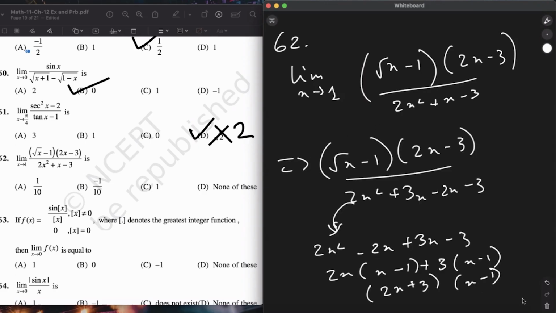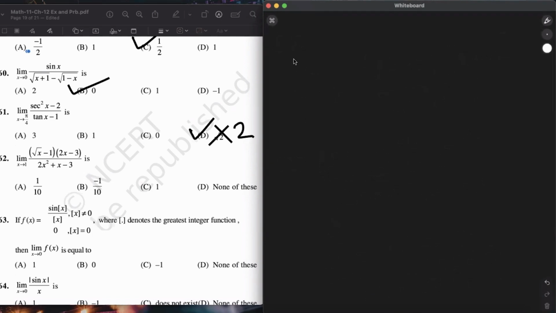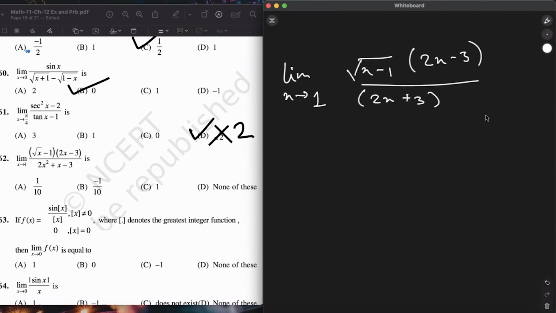Now this 2x plus 3 in numerator and denominator will get cancelled out. So I'll be left with limit x tending to 1 of under root of x minus 1, 2x minus 3. No, I'll be having a 2x plus 3 in the denominator.